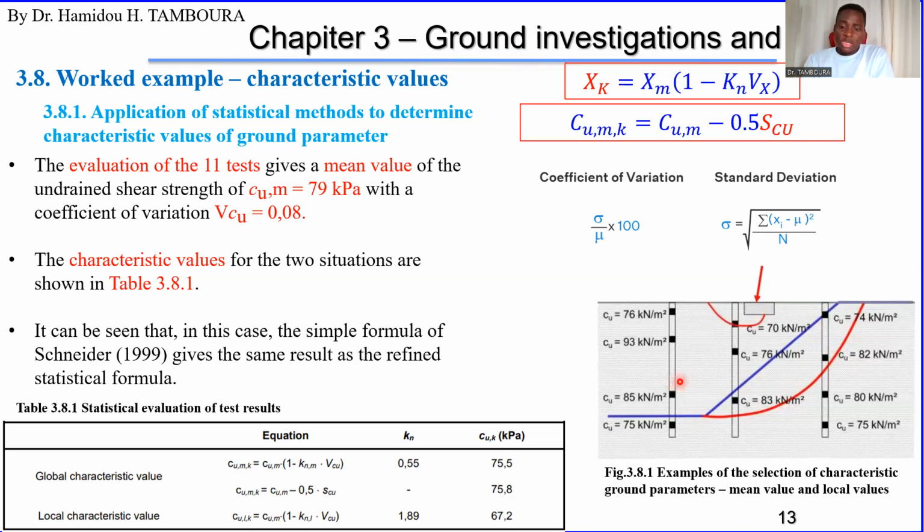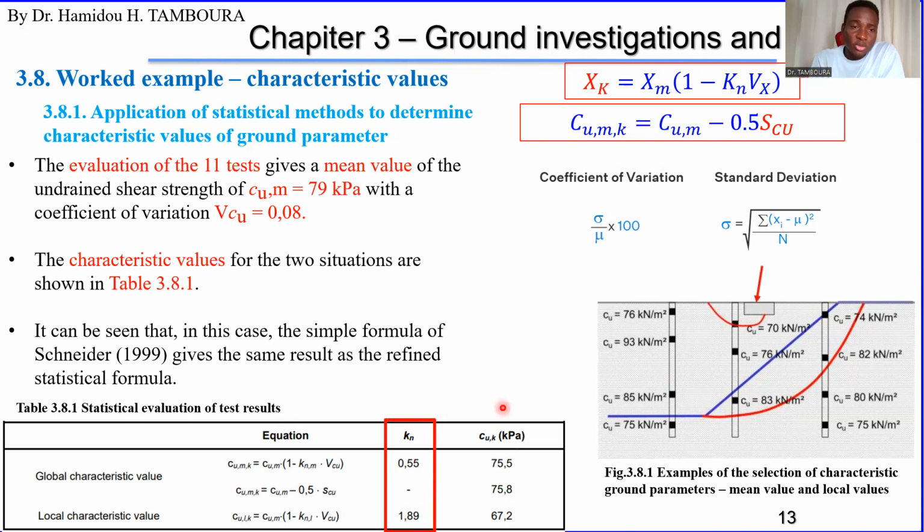Okay, now the big question is, how do you determine the Kn? How do you get the value 0.55 or 1.89? How do you get this value? Because I hope that everything is clear except how these values are obtained.